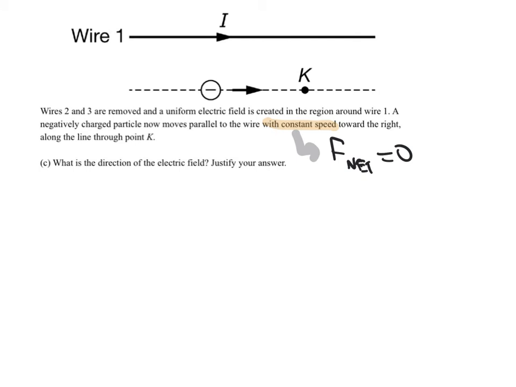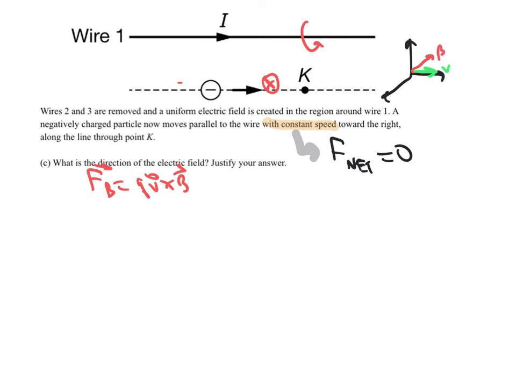Now, as we discovered before on the other page, since we are below this current, the field is into the board, and we know that the magnetic force is QV cross B. So let's figure out where that would be. Well, if this is our coordinate frame, we have a velocity which is moving that way, and a magnetic field which we just said was into the board.